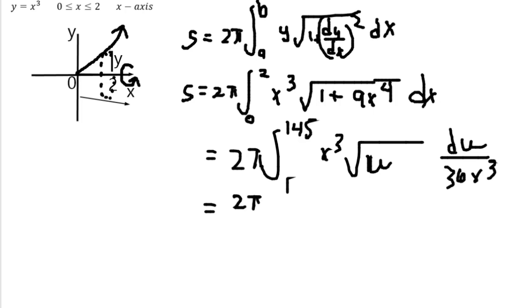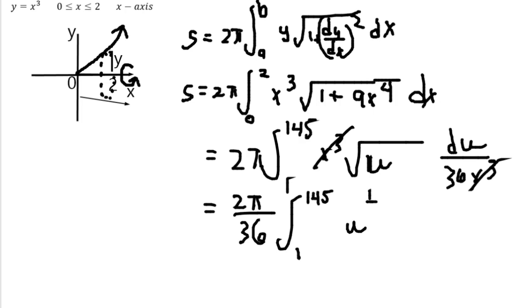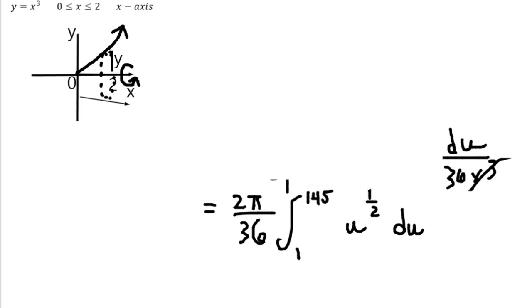And 36 is a constant, so therefore we just move it outside of the integral sign. So we got the integral of 1 to 145, and we got the square root of u. We can just write it in fraction form. Okay, now let's just integrate this. So we can just use the power rule again.